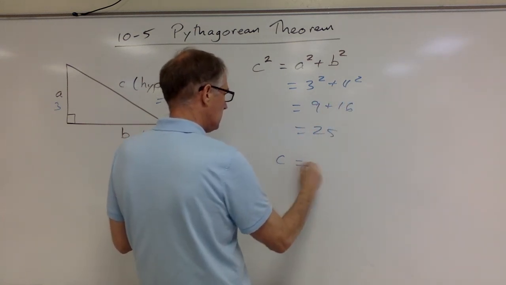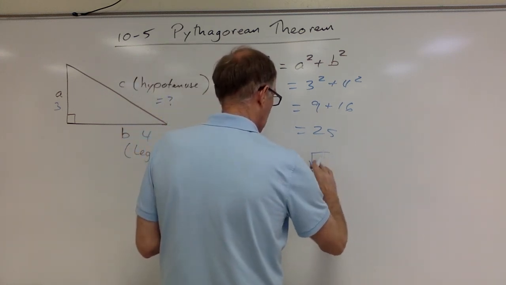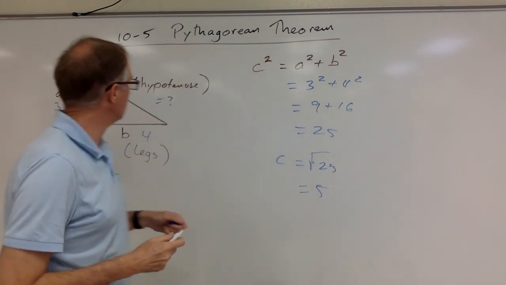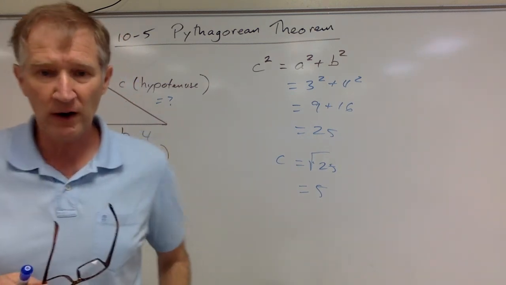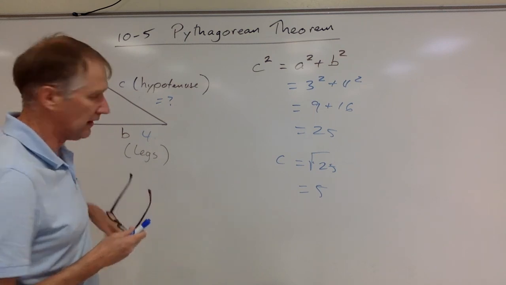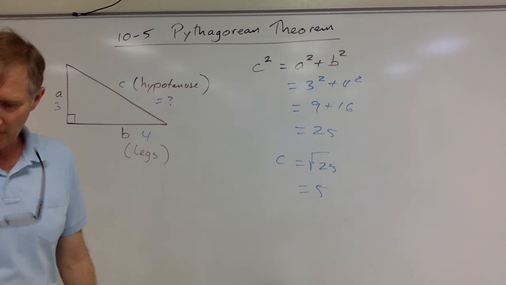And so C equals the square root of 25, which equals 5. We refer to this as a 3, 4, 5 triangle. A 3, 4, 5 triangle is very handy. Whenever the two legs are 3 and 4, the hypotenuse is going to be 5.